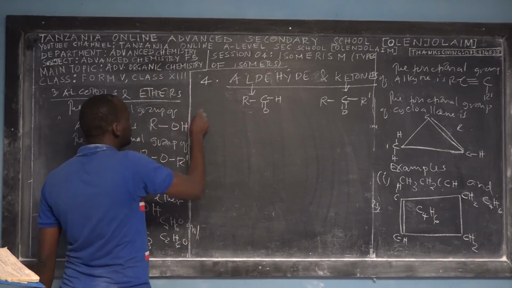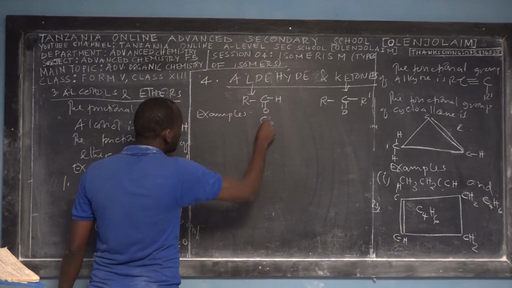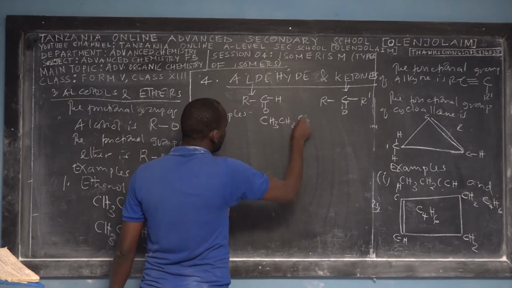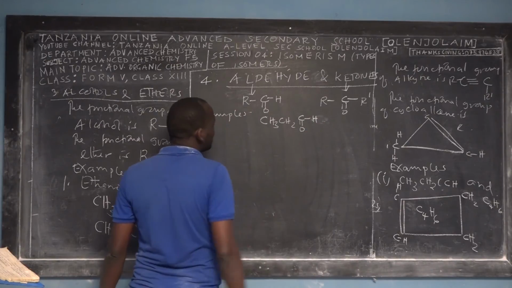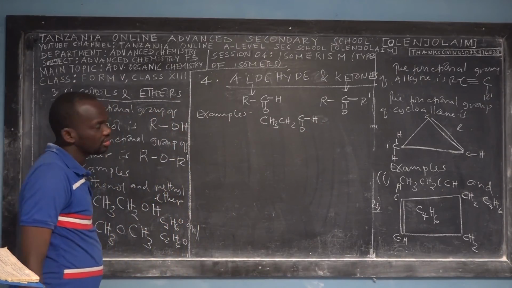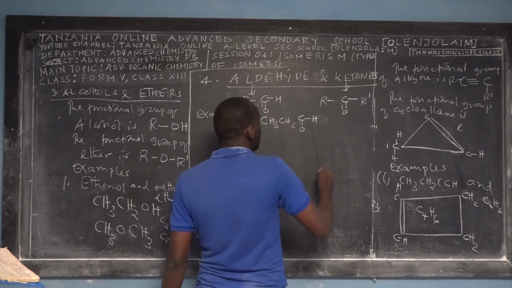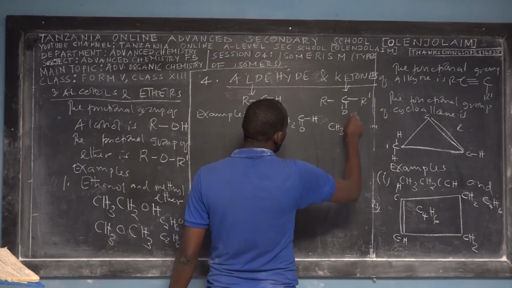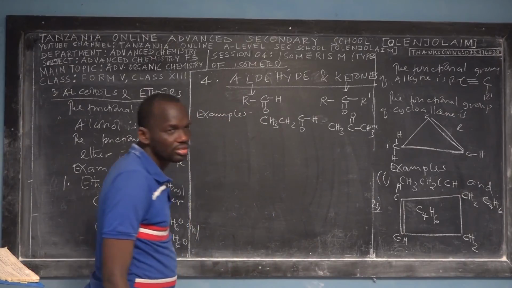So for example, in the case of CH3CH2CHO, this is an aldehyde. Then the corresponding ketone is CH3COCH3, this also is a ketone.